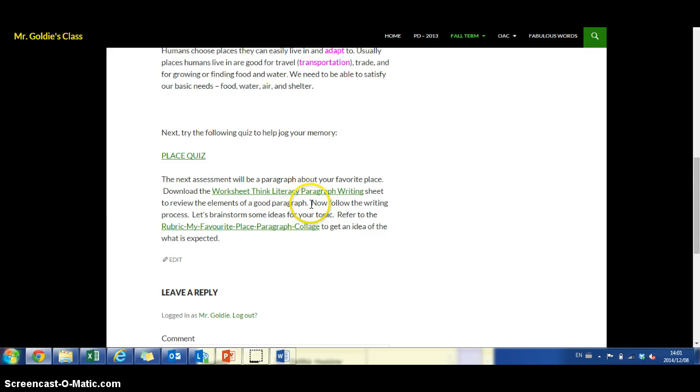Okay, all the good parts, success criteria for a good paragraph, and then follow the writing process. And then we're going to brainstorm some ideas from your topic together in class, and please look at this rubric to give you an idea of what is expected to get a good grade and to meet your learning goal. This is the success criteria here, okay? All right, until the next video, good luck.